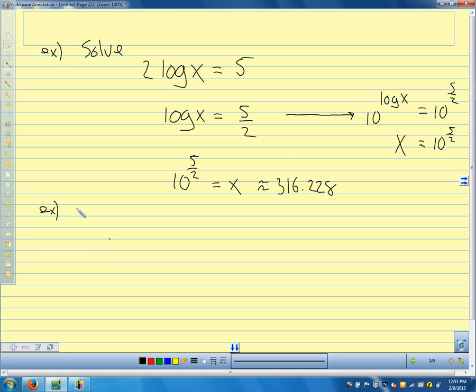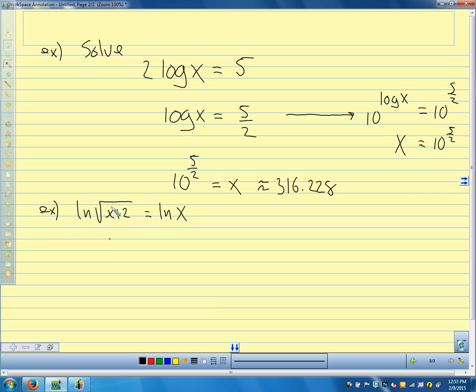All right, how about natural log of square root of x plus 2 equals natural log x. We could do some things here, but what does this tell us right away?